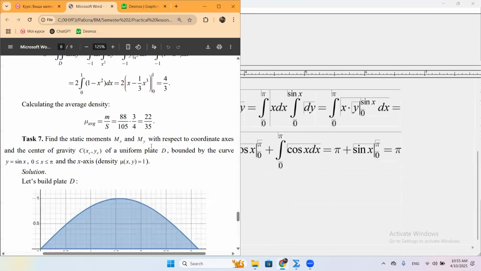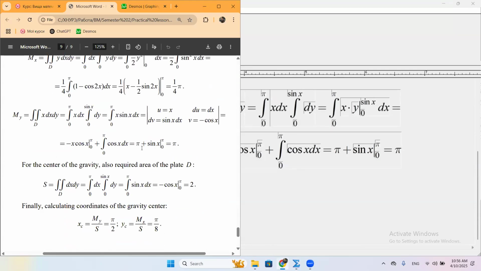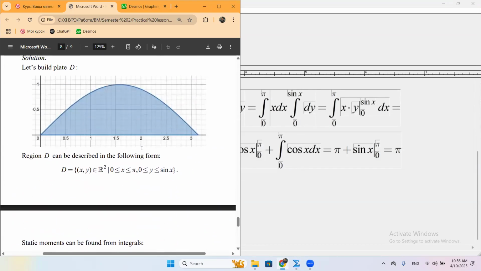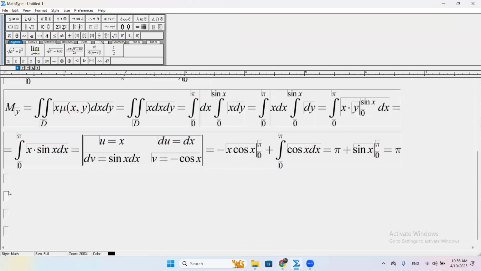What else do we have to do? We also need to find the coordinates of mass center. So how to calculate them?